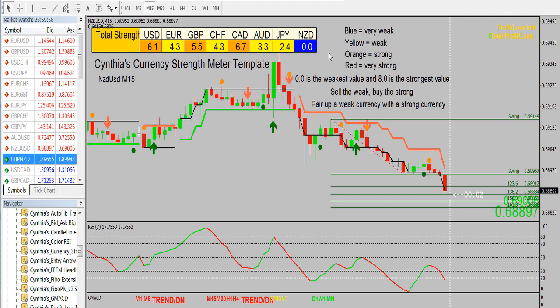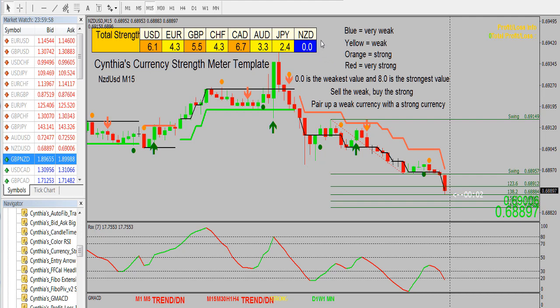Those are extreme values. So the idea is that you're going to pair up a very weak currency with a very strong currency, or you're going to pair a medium weak with a medium strong.